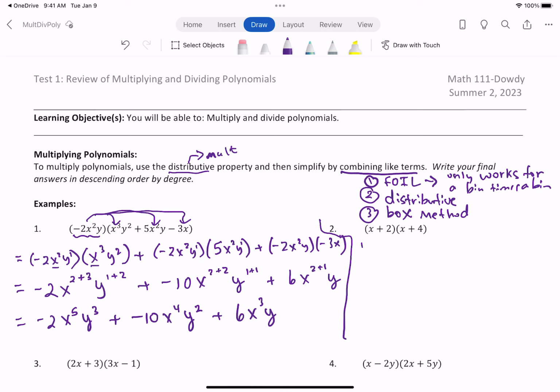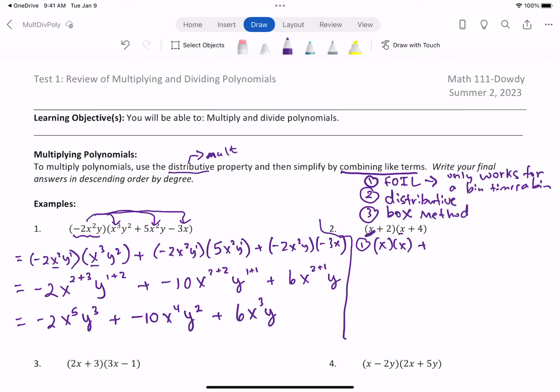So if I look at the x plus 2 times x plus 4, and I want to use the FOIL method, then the F stands for first. So the two first terms are x and x. So that means we're going to multiply x times x for the F. The O stands for outside.